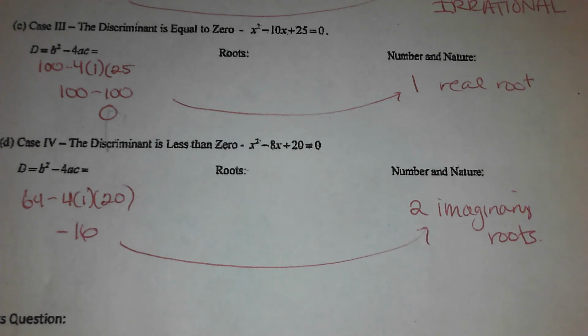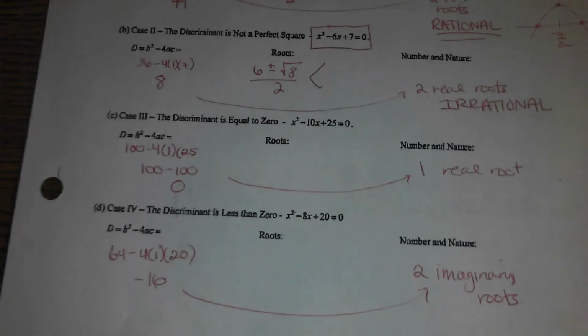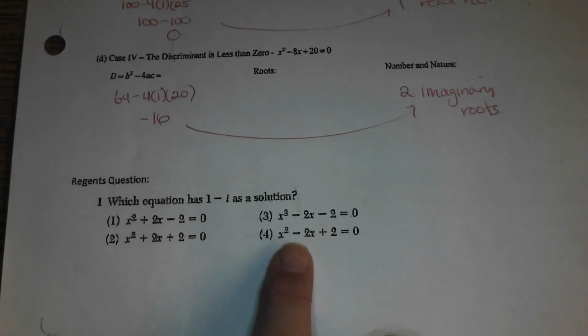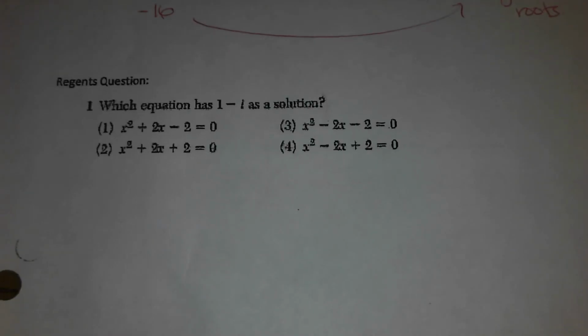So, how have we seen this come up on the regions? Here was one. Now, you could get this right, certainly without knowing anything about the discriminant, because you could just solve all 4 of these, right? Start to finish, you could do negative b plus or minus the square root.